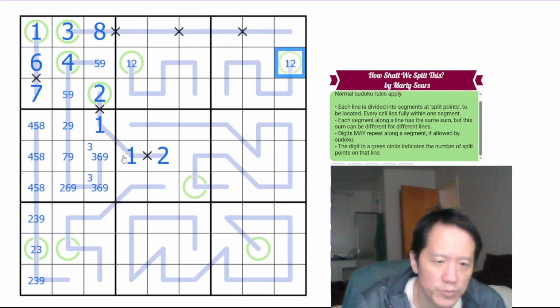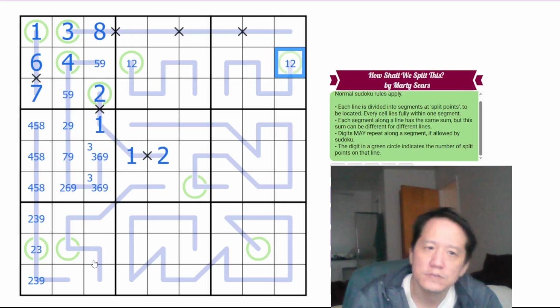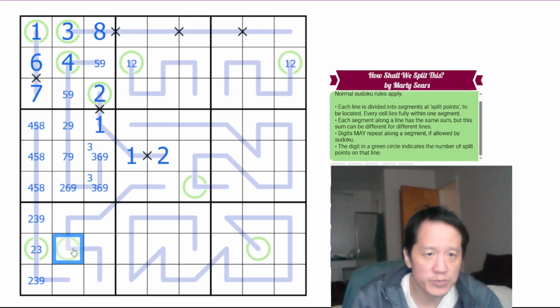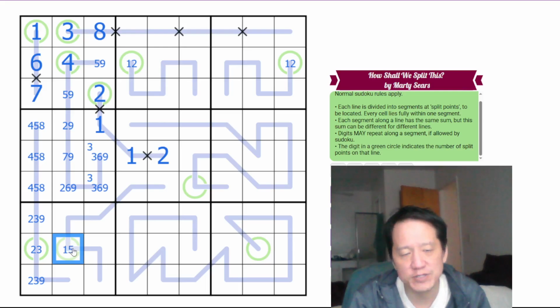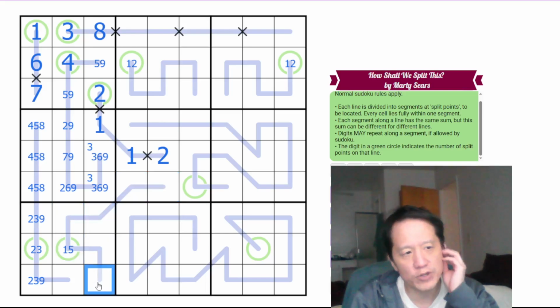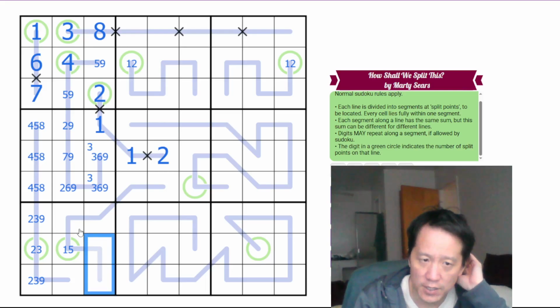Okay, what else do we have? How many segments can this be? Well, we can have a 1. We could have 5 potentially. But how many cells? 1, 2, 3, 4, 5, 6, 7. But we can only have one digit thing in this line.